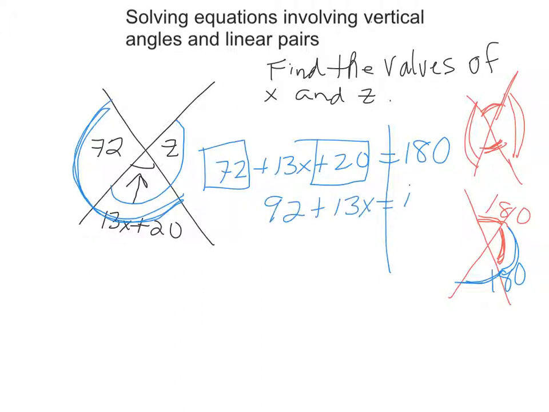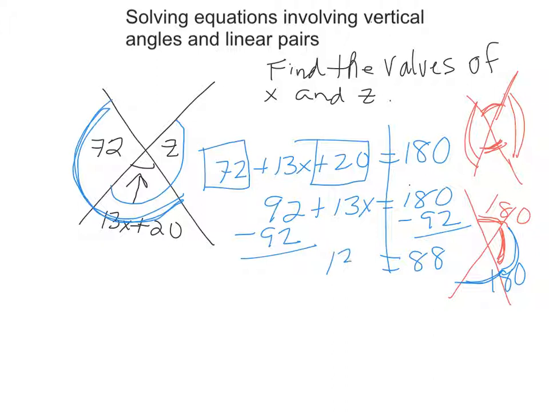Now that we have all our like terms taken care of, we're going to start getting the x by itself. We see the 92 is on the wrong side of the equation. To bring it to the other, we're going to undo the addition, and we undo addition by subtracting. Then when we do our subtraction of 180 minus 92, on this side we have 88.